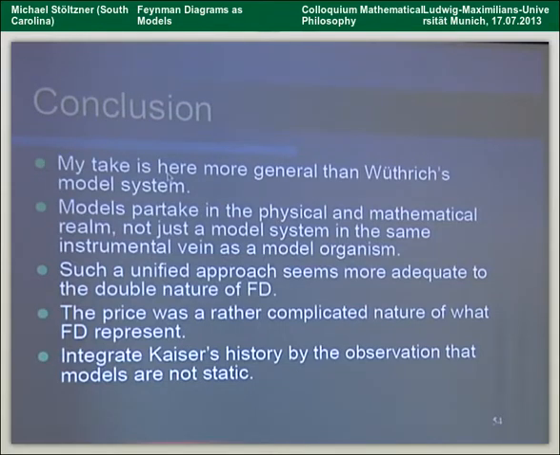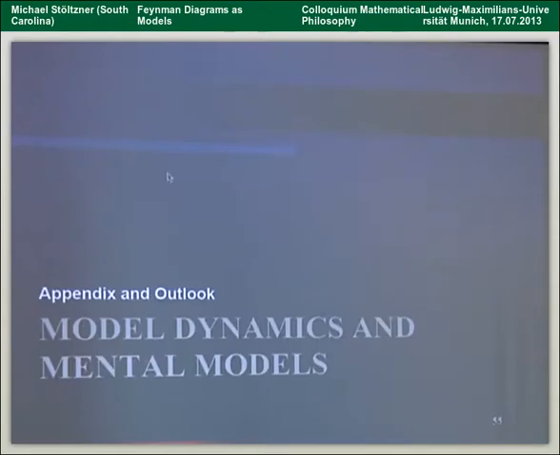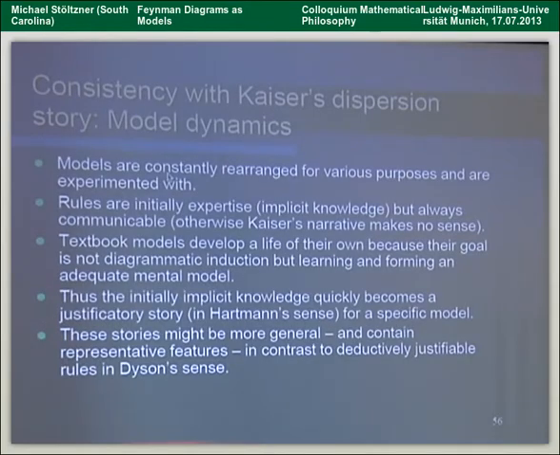Now, a final thing that's one outlook, that I think what Kaiser now shows us is that models are not static. Yeah, and models, that's a kind of an appendix. Models are constantly rearranged for various purposes and experimented with. Rules are initially expertise, so it's implicit knowledge. That's fine, what Kaiser says. But I mean, if you get your postdoc, you have to be able to communicate it.